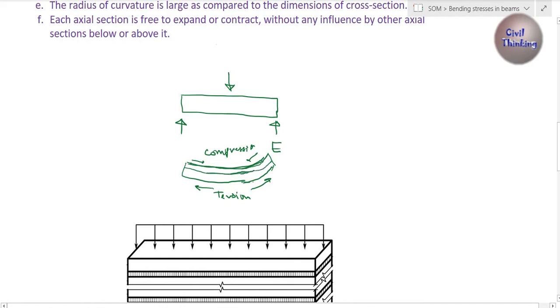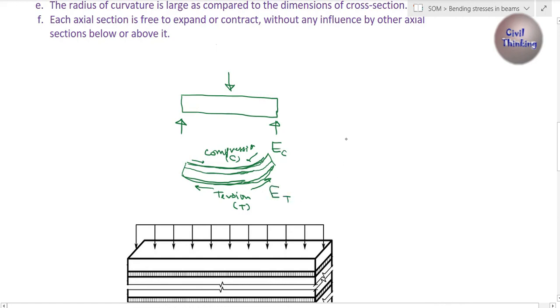Now this compressed fiber has some modulus of elasticity because it's in compression, C, I will denote it as Ec. Now the bottom fiber is in tension, right? Let me denote tension with T. So this will have an elastic constant of Et.